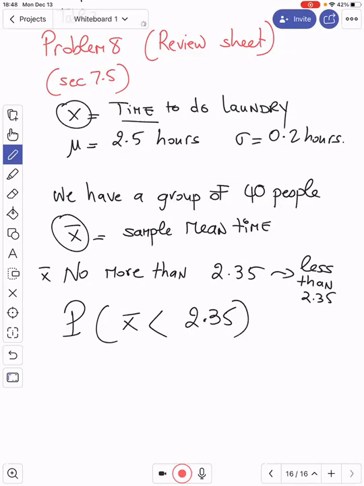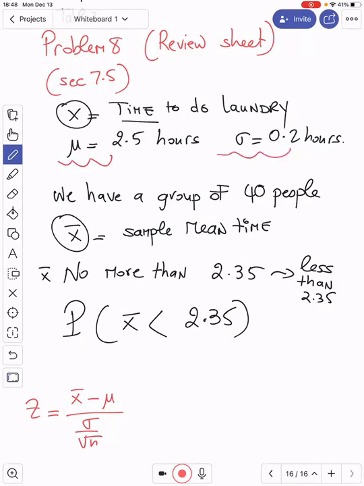Now, to convert the sample mean x bar to z, we use a different formula. Just to remind you, to convert x bar to z, we use the following formula: x bar minus mu. This is the same as before, but when you divide, it's different. Here we divide by sigma over square root of n. It's not just sigma, it's sigma over square root of n. So we have our mu, the mean, 2.5, and we have our sigma.